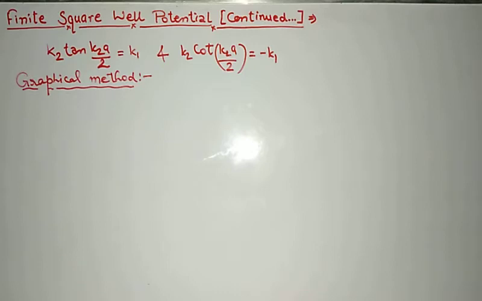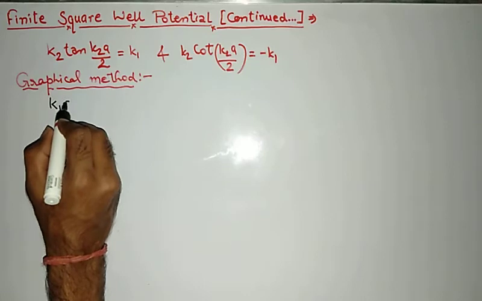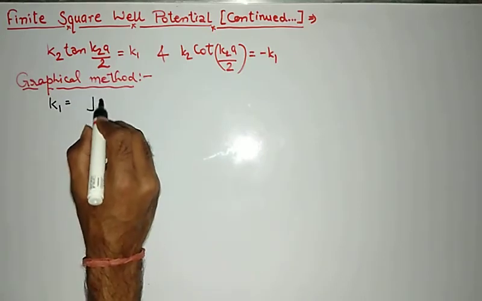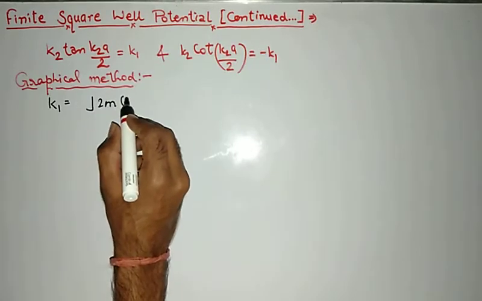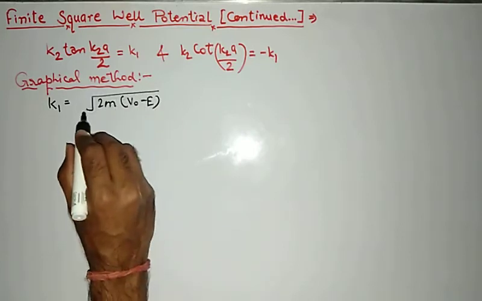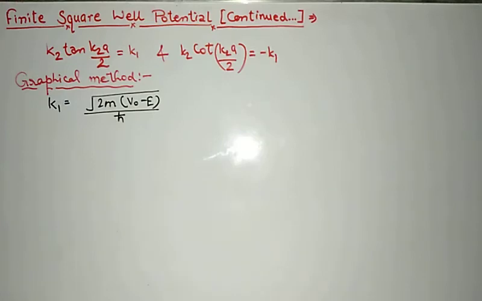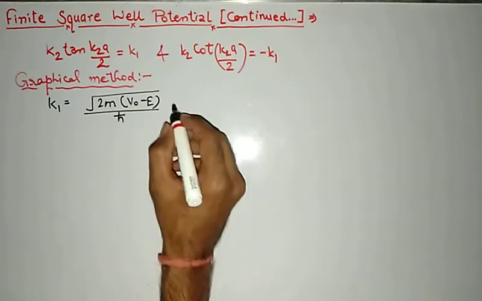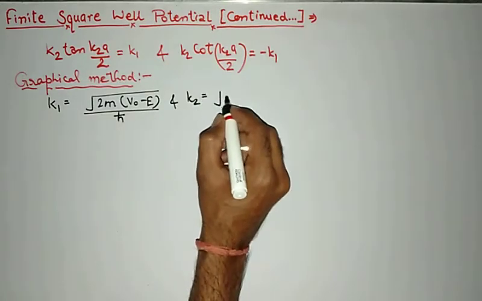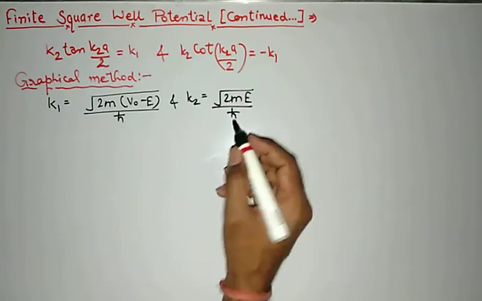Here the values of K1 and K2, as we know, K1 is under root 2m(V naught minus E) upon h cut, and K2 is equal to under root 2mE upon h cut.